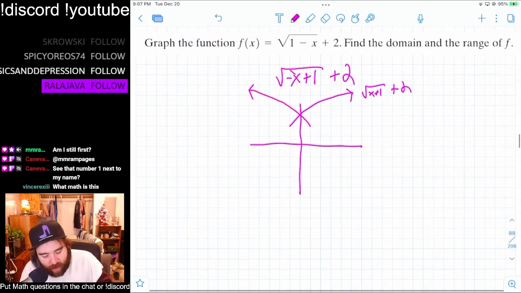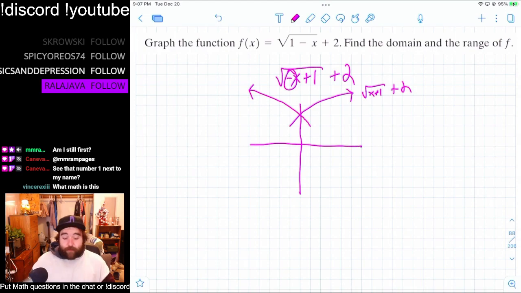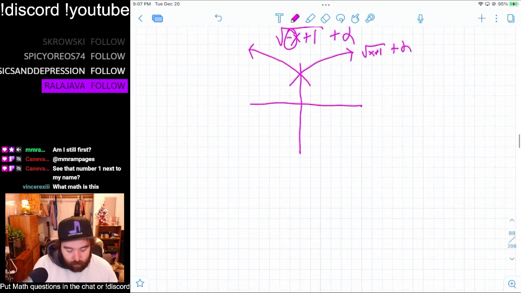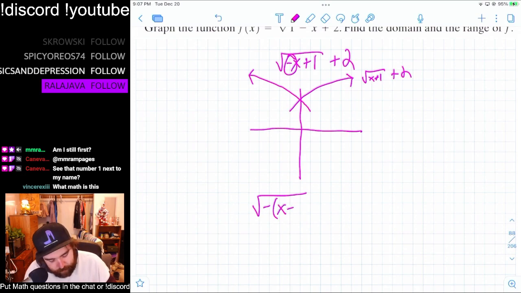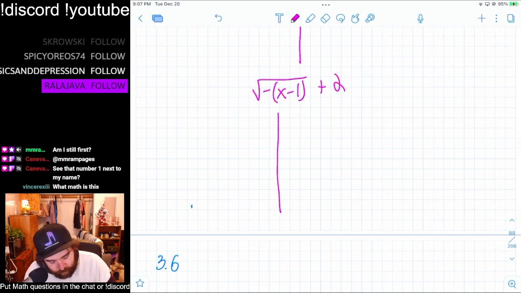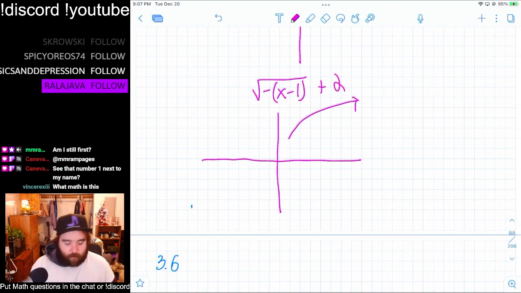which is if you have a negative on the x, or frankly, any number at all on the x, you should factor it out. So we should rewrite this as the square root of negative x minus 1. And what that shows us is that we're going to do the minus 1 and the plus 2, which moves it 1 in the positive direction, 2 in the positive direction.